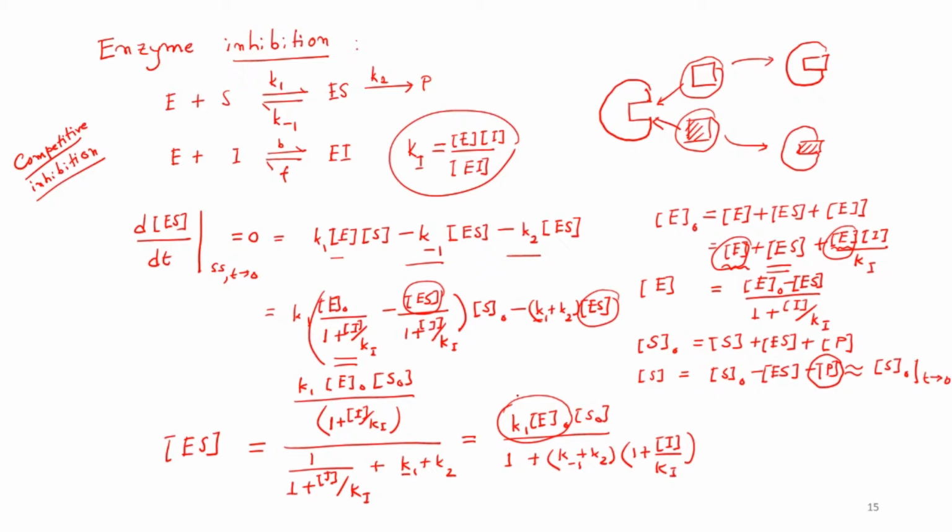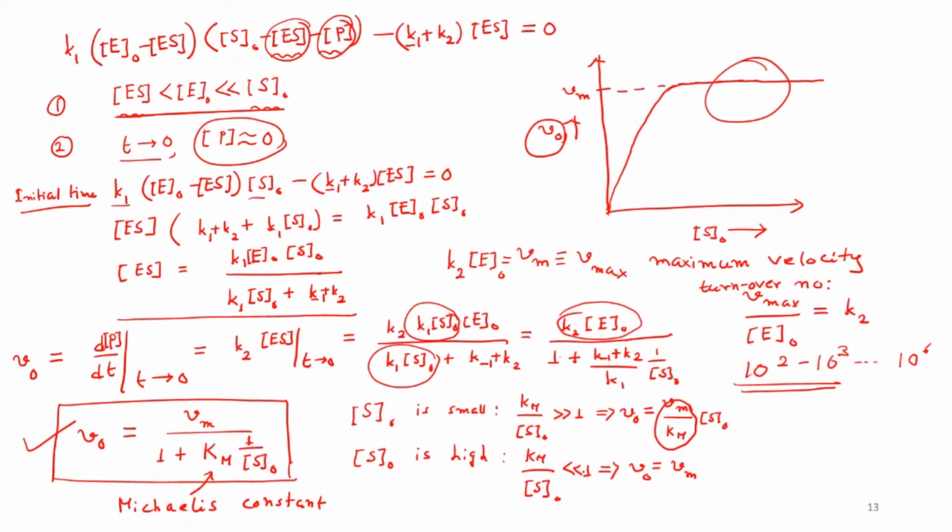Or we can actually keep that at this stage, and we can do it later also. Just for material balance, you see that it will be K minus 1 plus K2 divided by K1, and that we can just keep for the time being. We can get back to it later also. In the Michaelis-Menten part, the way we did it, if we go back, we actually divided by K1 into S0.